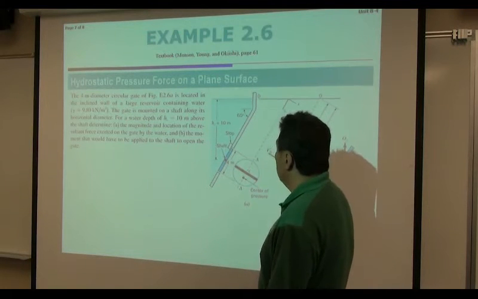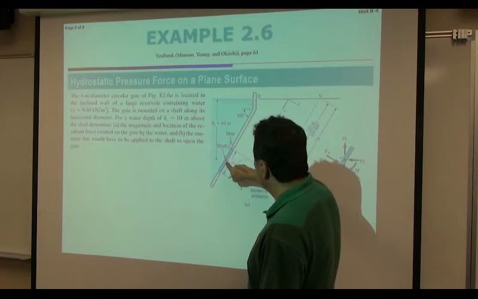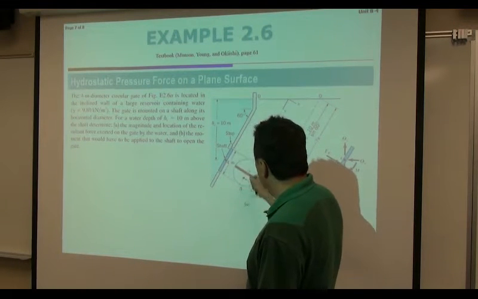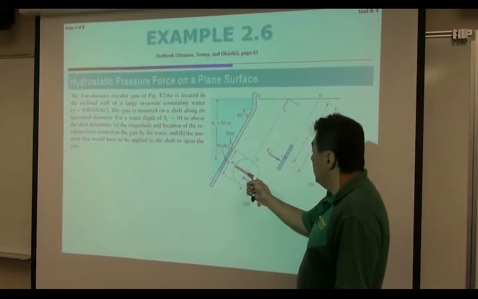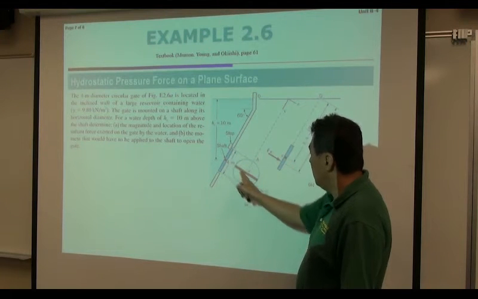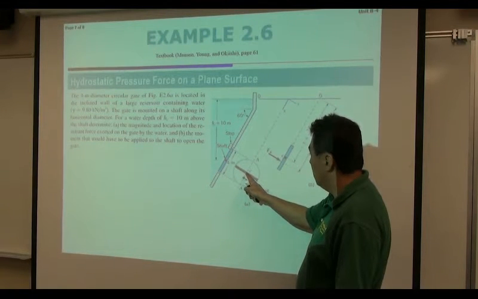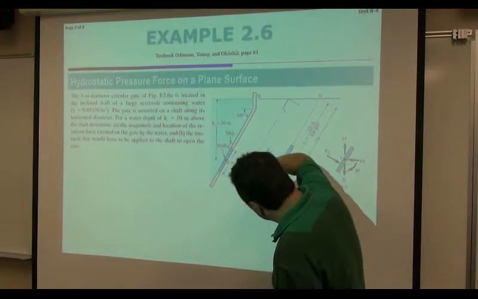Okay. And then at the depth of 10 meters, you are going to have a circular cross-section gate, which is operated by this shaft located right in the middle. This is the centroid of this cross-section. The shaft just goes through the centroid.